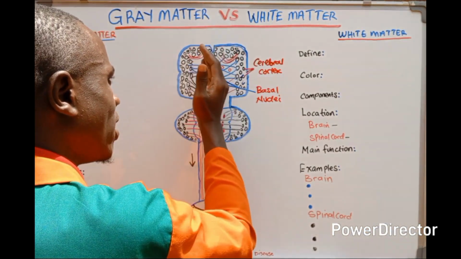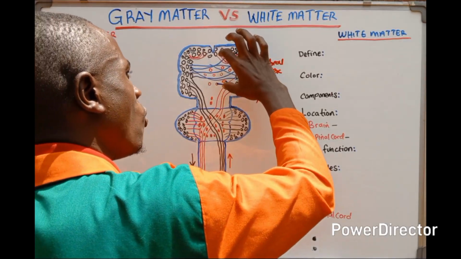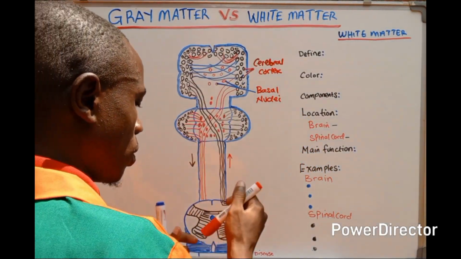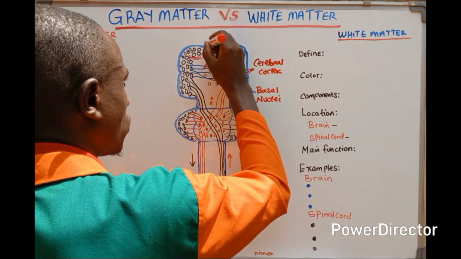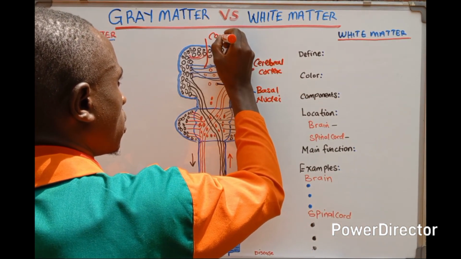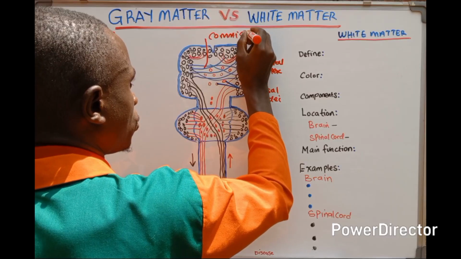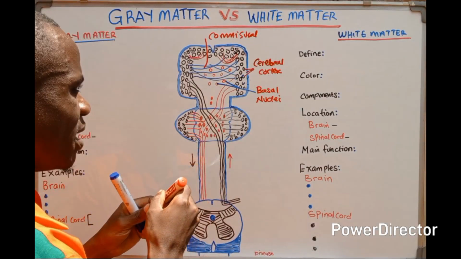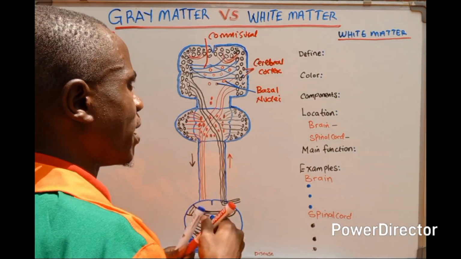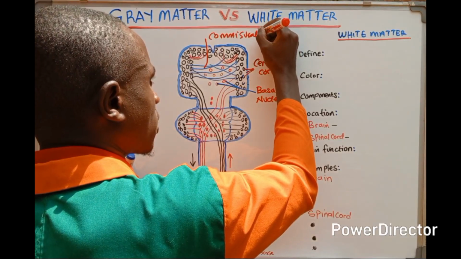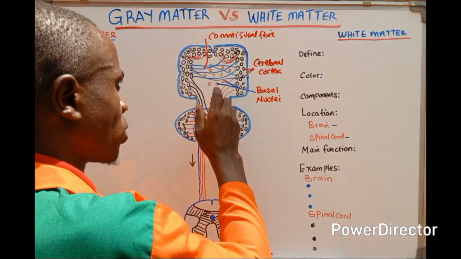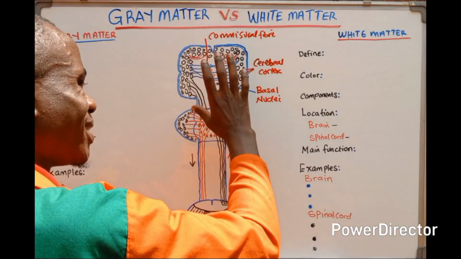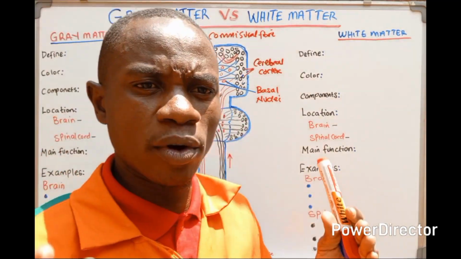This band of myelinated axons, they are what we call the commissural fibers. The classic example of the commissural fibers is the corpus callosum. So these fibers of the white matter are going to be connecting the two cerebral hemispheres.